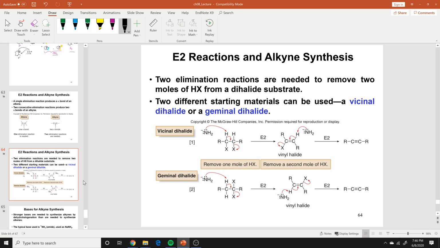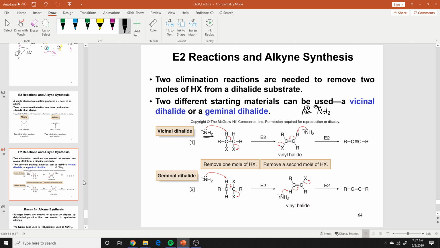For elimination to happen to lead to a triple bond, you would need a very, very strong base. The base can be either a bulky base like LDA, like potassium tertiary butoxide, or we can use sodium amide. This is a very strong base.